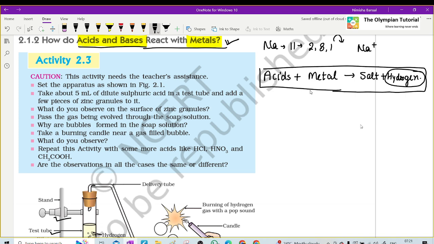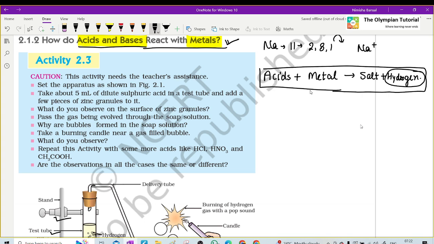Firstly, write these two lines and after that we will study activity 2.3. Written, ma'am.